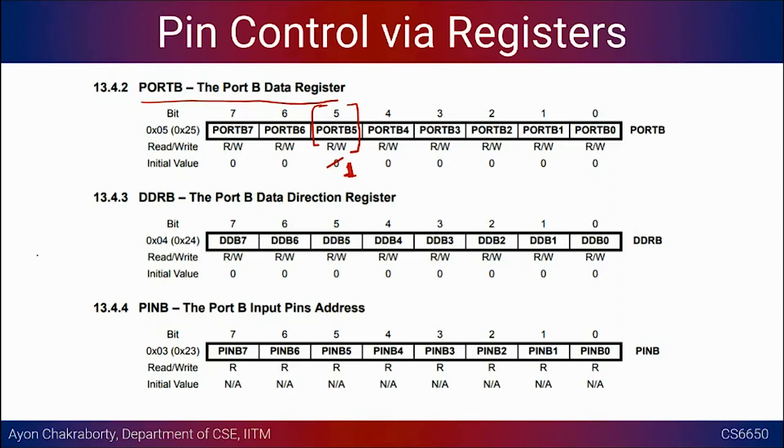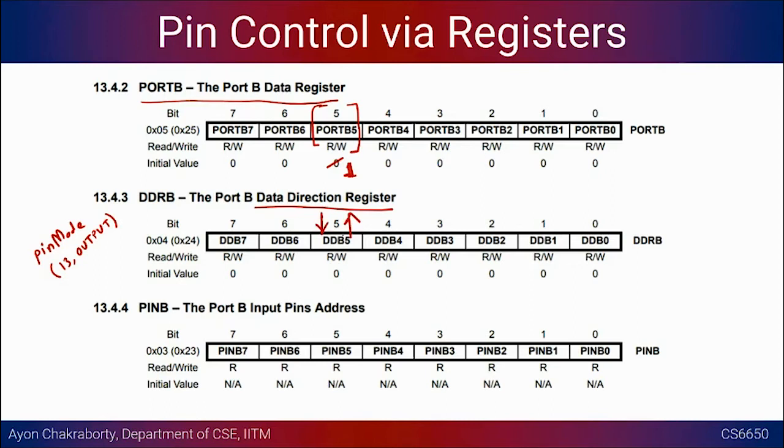Remember the API that we were using, pinMode. In the very beginning we use pinMode 13 and give something like OUTPUT. So 13 is basically a port B pin, and the way we control this is called the data direction register. The data direction register determines whether we are going to use that particular pin as an input or as an output.